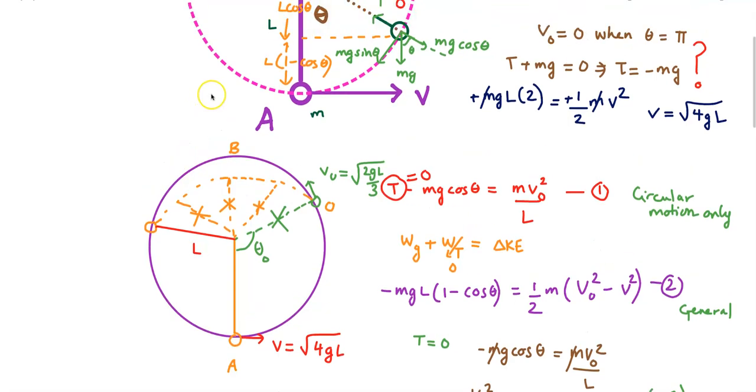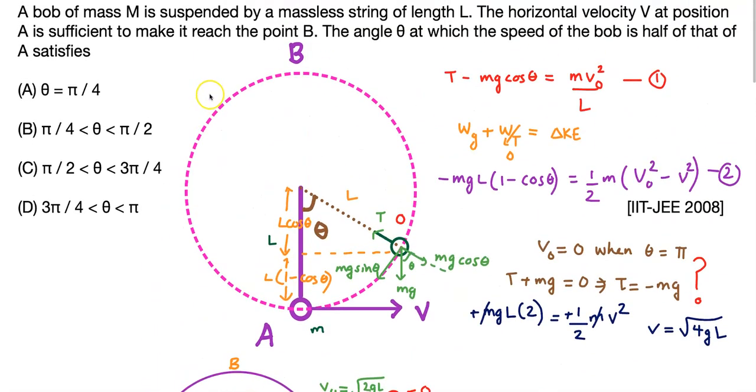We still haven't solved the problem yet. The problem is to find the angle at which the speed of the bob is half of that at point A, and we need to find the speed at point A first of all, because square root of 4gL is wrong, since it's not even going to make it all the way to the top. So how do we find the speed that is needed to make it reach point B?